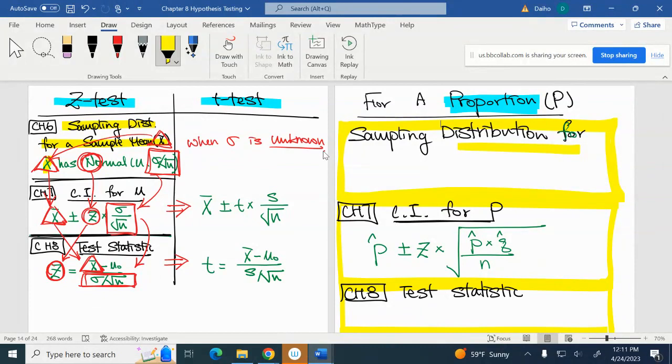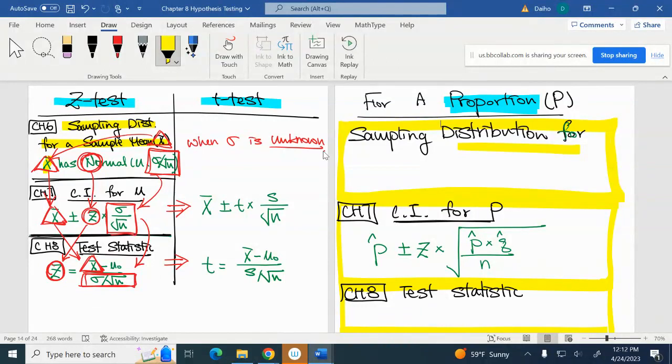Before, we got the sampling distribution for a sample mean. Then now what? You know this part for the proportion. So we need the sampling distribution for a sample proportion.